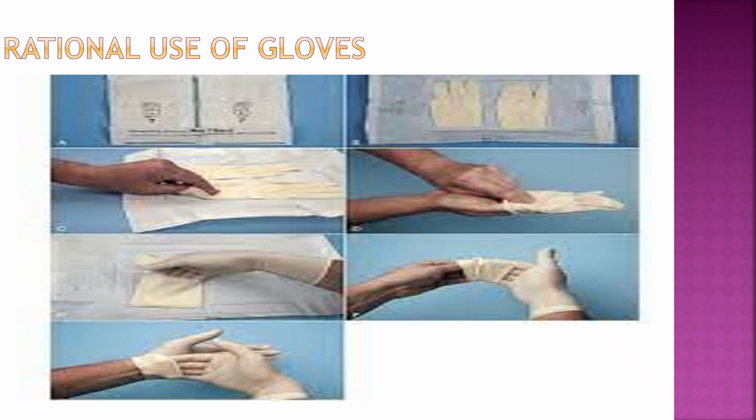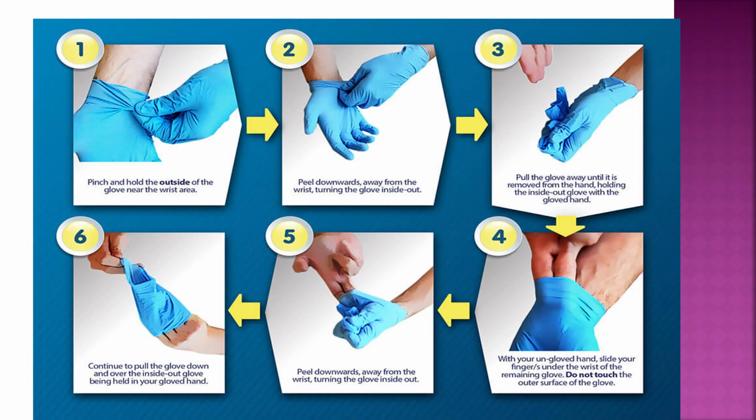Then, with the help of the gloved hand, take the second glove, insert your other hand, and wear it properly. While removing, pinch and hold the outside of the glove near the wrist area, then peel away from the wrist, turning the glove inside out, then roll it in the gloved hand.